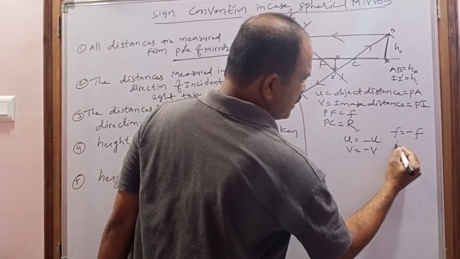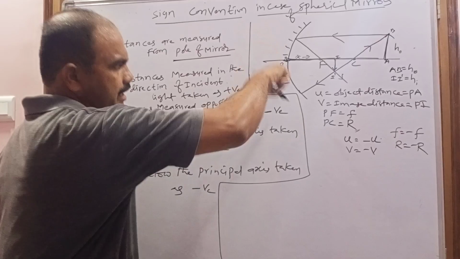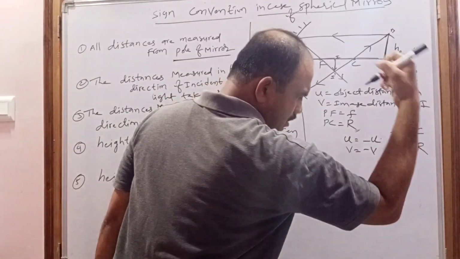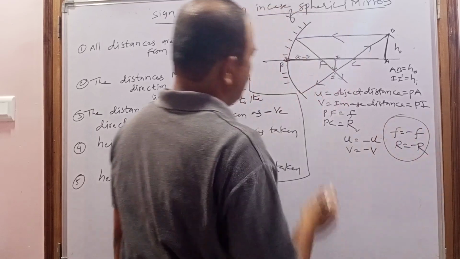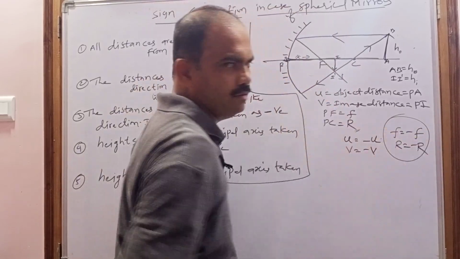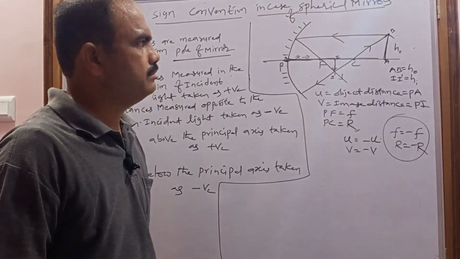So the radius of curvature is taken as minus. So the radius of curvature of a concave mirror is also negative. These two are important: concave mirror focal length is negative, and concave mirror radius of curvature is also negative.